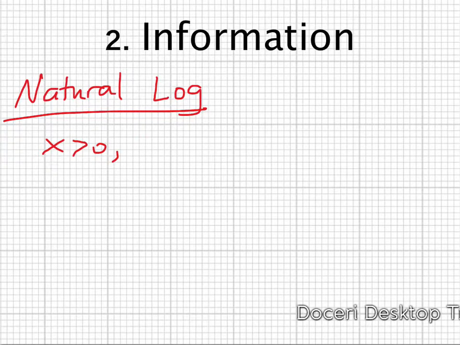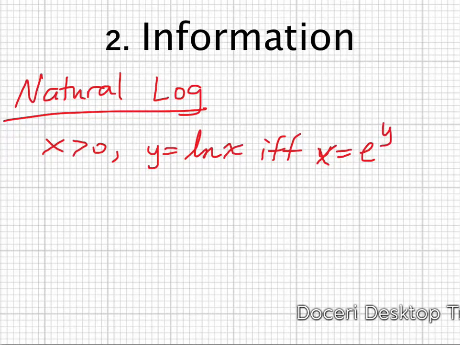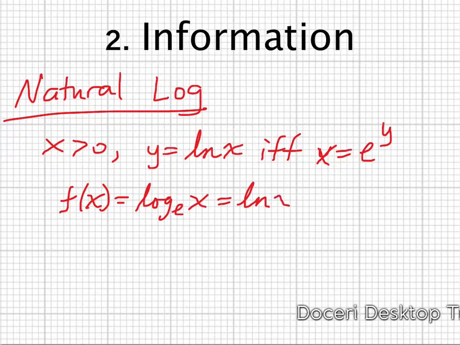And so when we have this, we say y is equal to the natural log of x if and only if, that means it goes both ways, x equals e raised to the y power. And the way I write this as a function is f of x equals log base e of x, which is the same as the natural log of x. So anytime you see natural log of x, you should automatically think log base e.